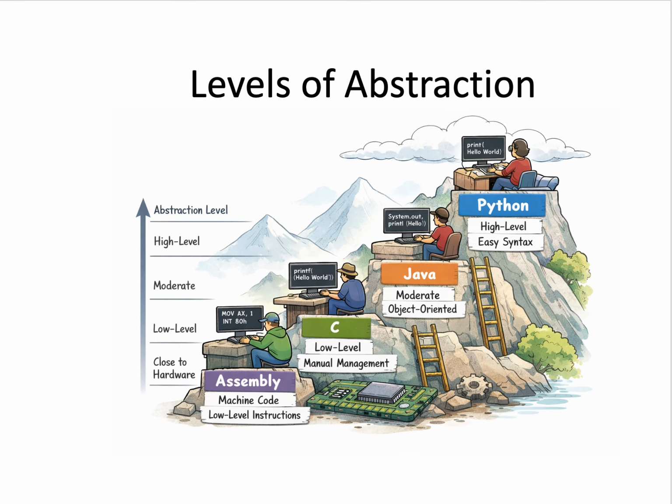So starting at the very top, Python is very, very high level. Java gets a little bit closer because Python is completely interpreted. Java turns the source code into what they call bytecode, and then the bytecode ultimately gets interpreted via the Java Virtual Machine.